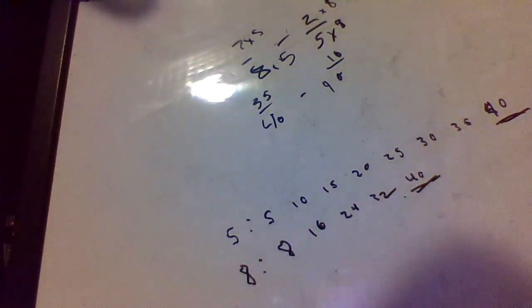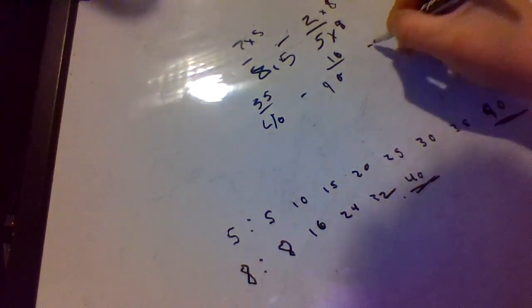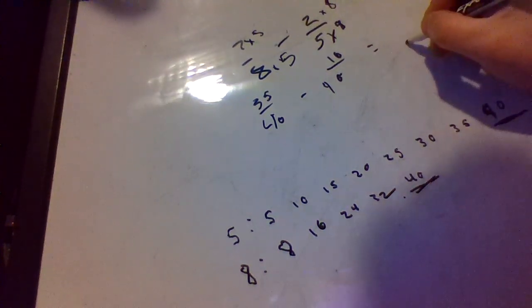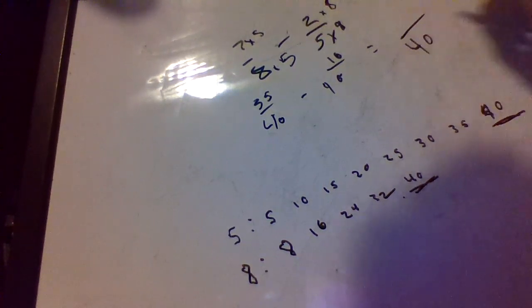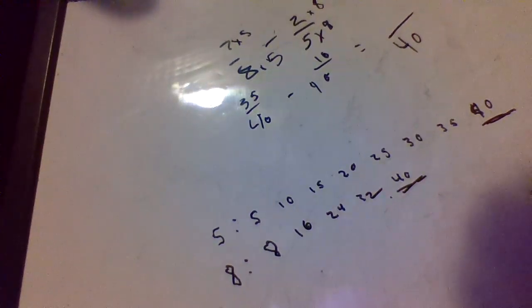Alright. So now we have a little bit of a challenging problem. We bring our denominator over, which is 40. And now we've got some subtraction. I would do this for every problem, whether you know the answer or not.